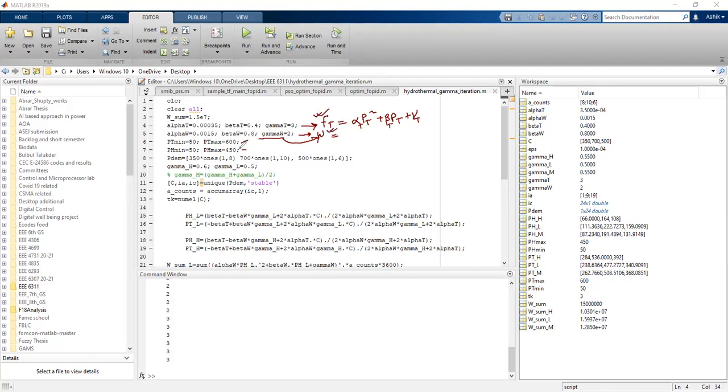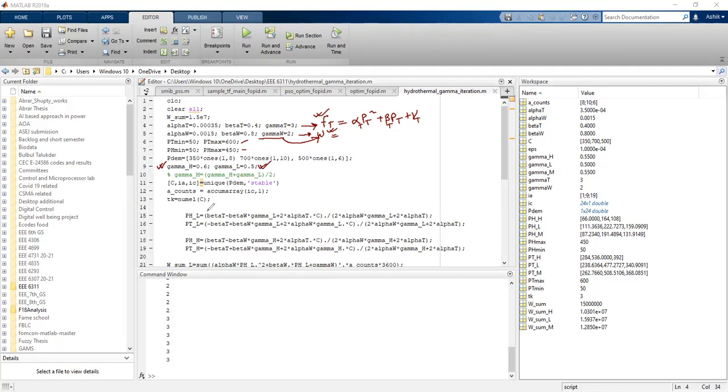These are the minimum and the maximum limits. These are the demands. We have 350 megawatt for 8 hours, 700 megawatts for 10 hours, 500 megawatt for 6 hours, and I have taken initially two gammas. One is 0.5, which is given in the book. Another one, as I just showed, 0.6.